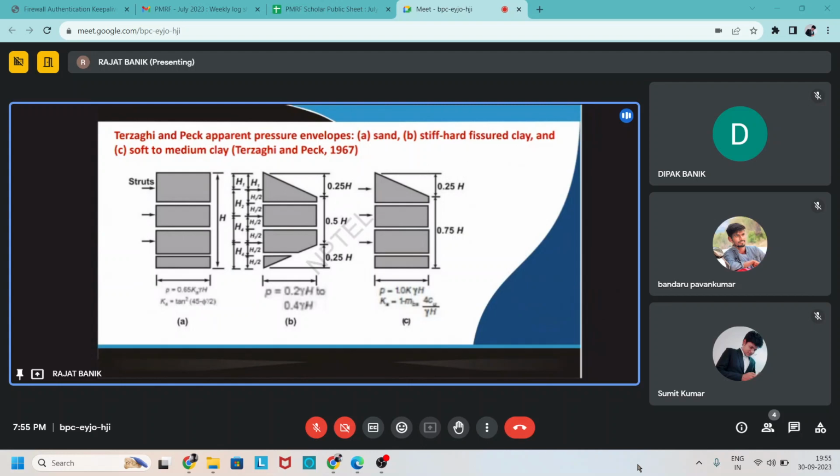It is zero at the top, and after 0.25 H the intensity is constant, equal to K gamma H, where K is a constant given by 1 minus m times 4 cu by gamma H. So in this way we find the pressure distribution in the soil.